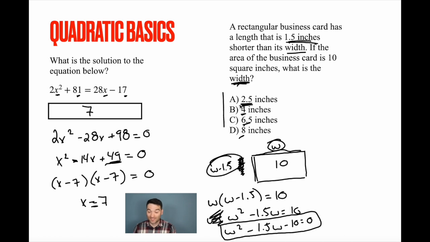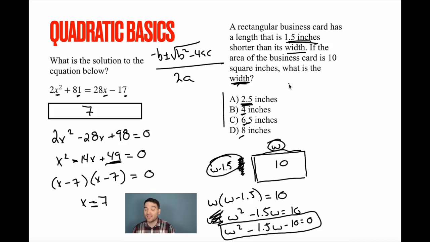Now, again, you could go to the answer options at this point and say which one of these works out. You could literally just plug each one of these in and that would work. But let's do it the long way since we're kind of committed to it. We have to use the quadratic formula, right? Negative b plus or minus the square root of b squared minus 4ac all over 2a. So let's get to it. Our b in this case is negative 1.5.